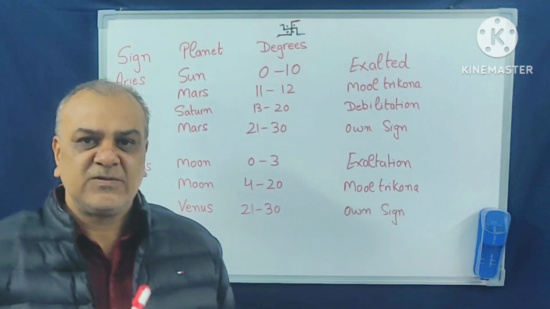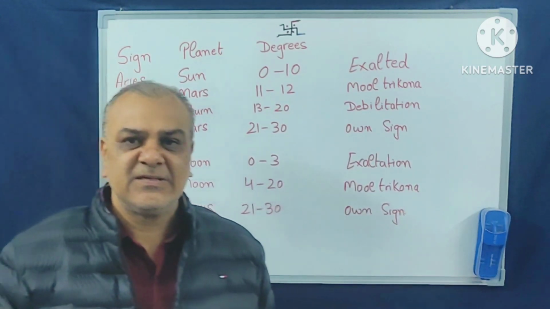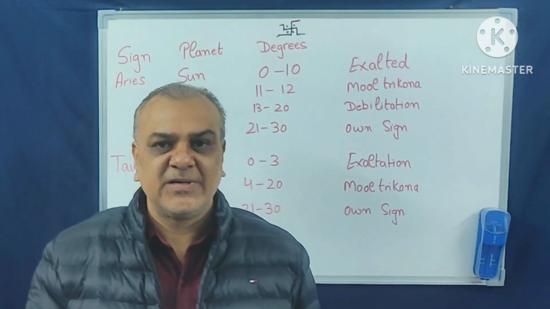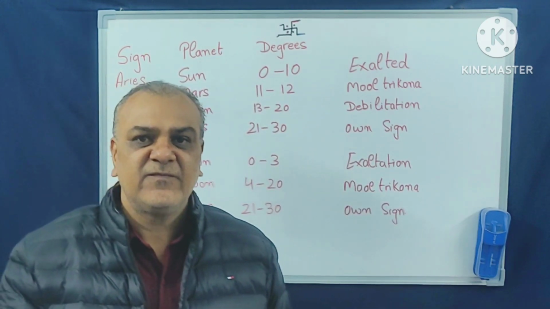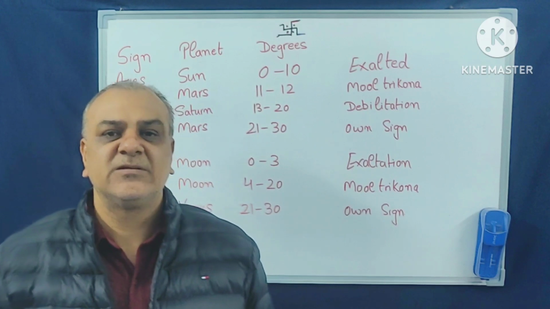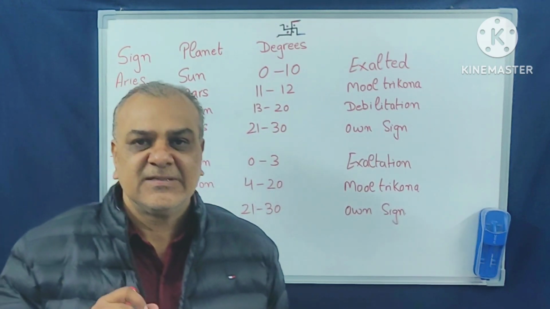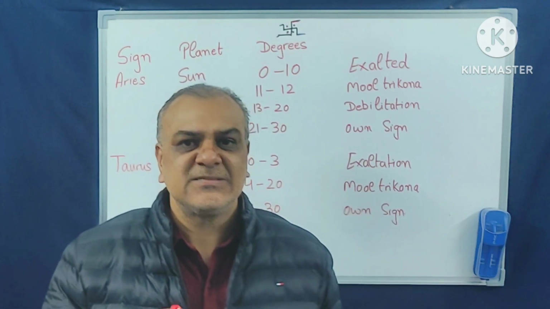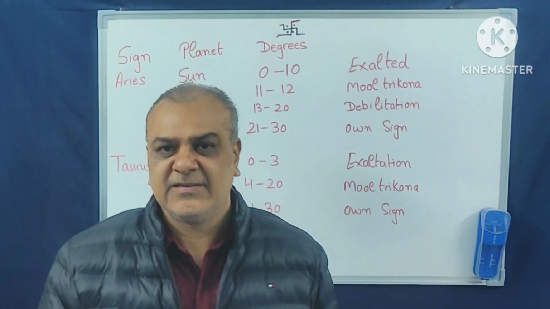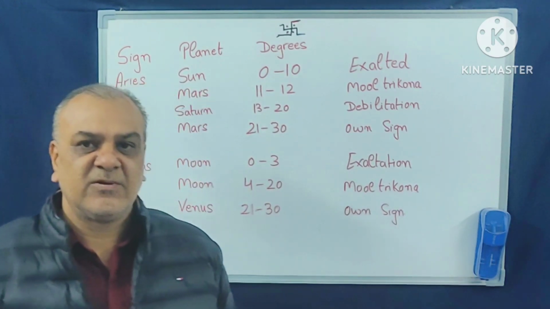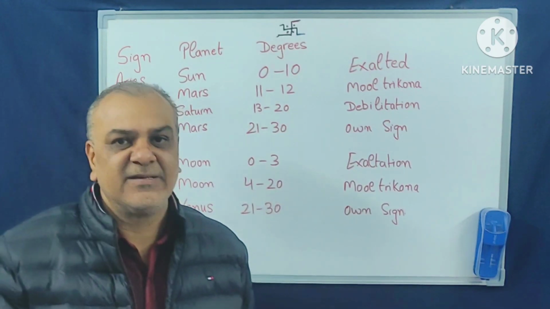This means when you see a chart and Sun is in Aries, you have to see his degrees first. If Sun is between 0 to 10 degrees, then only it is considered as an exalted planet, and the maximum exaltation point is 10 degrees.